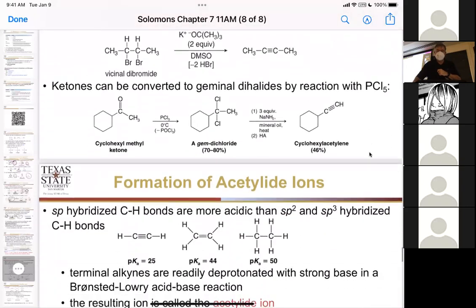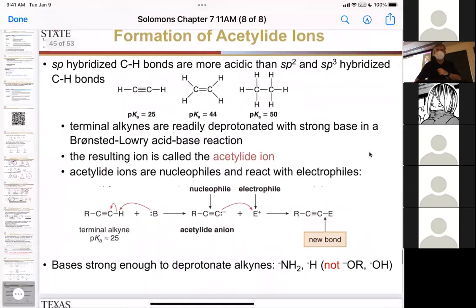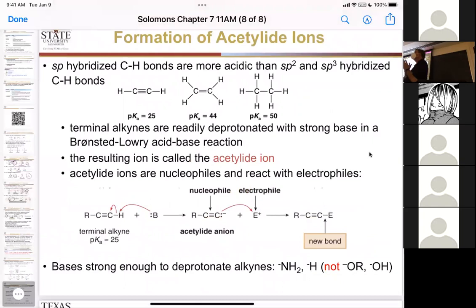Okay, so the other thing we can do once we form our acetylene is turn it into a nucleophile. If there's a hydrogen on your acetylene, that acetylene hydrogen is the most acidic of the hydrocarbons. It has a pKa of 25. Being that it's so acidic, we can pull that off with the sodium amide we use to make the alkyne, and we can then use it as a nucleophile.